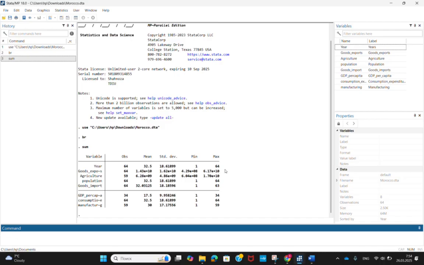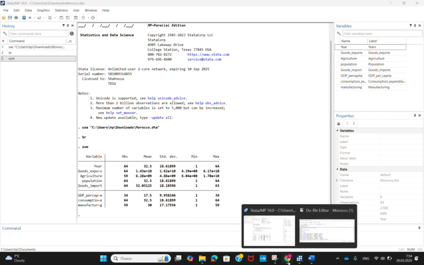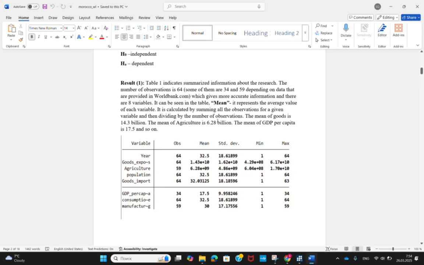Standard deviation, minimum, maximum are understandable for you, but here is the meaning of mean. It represents the average value of each variable.